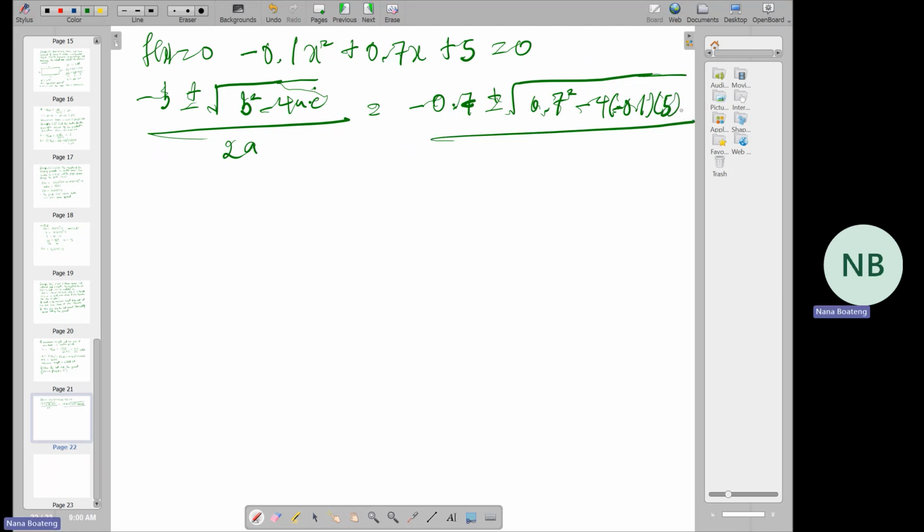All this divided by 2a, which is 2 times negative 0.1.